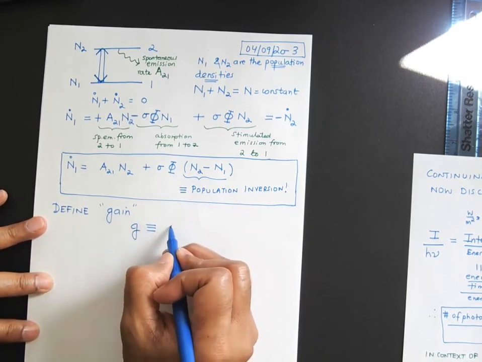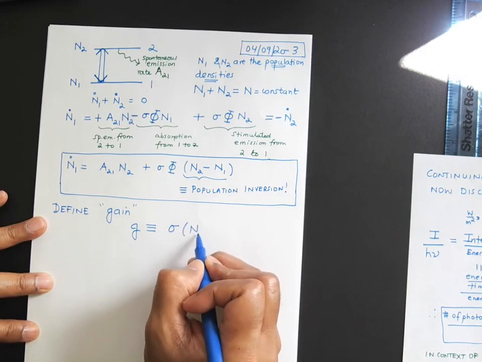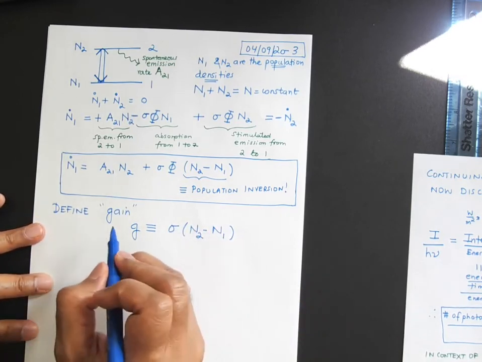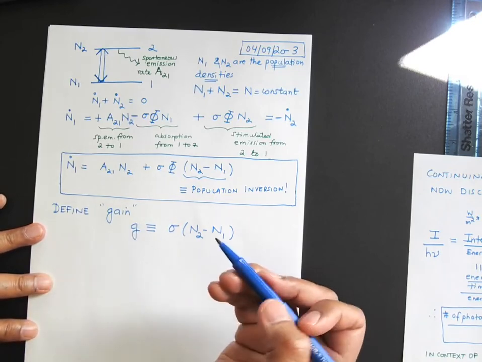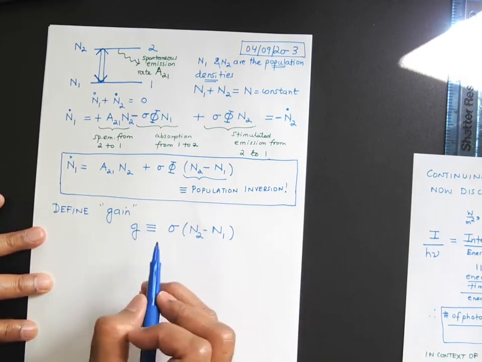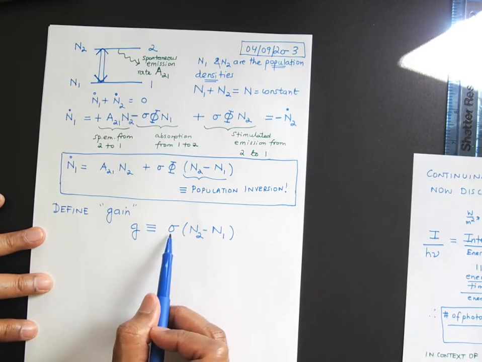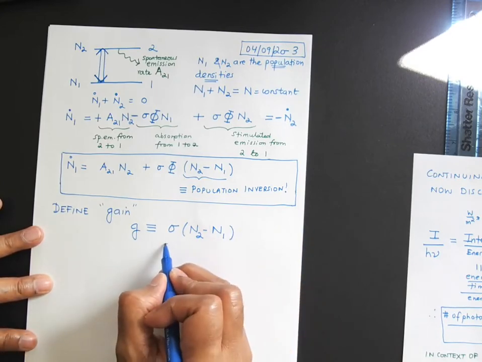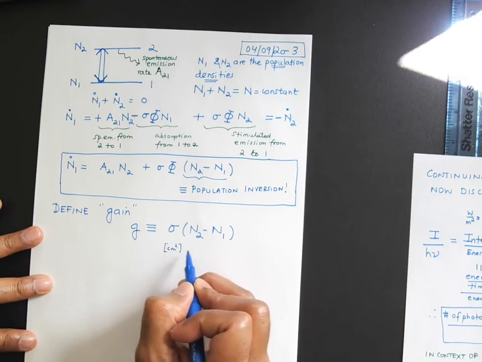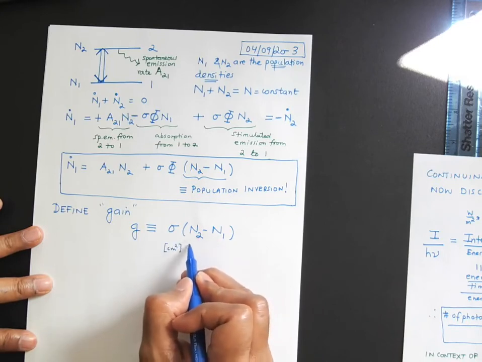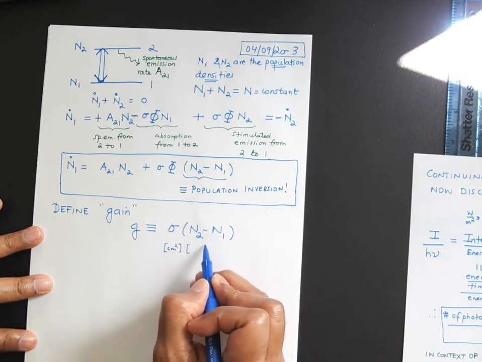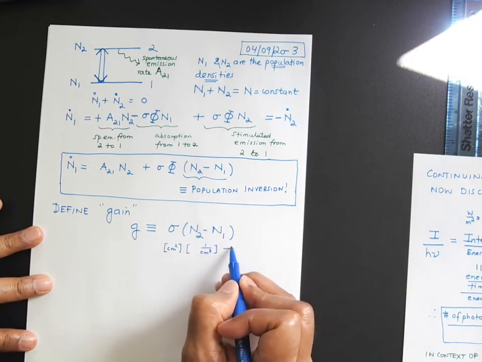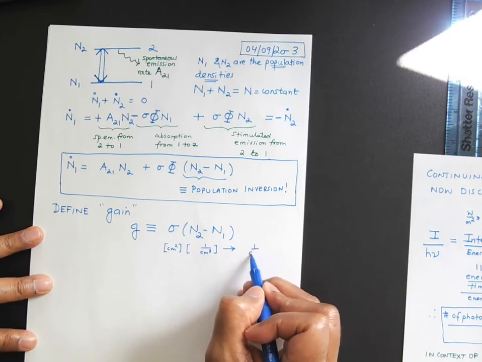It's the sigma times the population inversion. When we talk about the gain for a laser, this is what it is. And so you see that it has dimensions of, what does it have dimensions of? This is centimeters squared, and the n's are density, right? So it's 1 over centimeter cubed. So this has 1 over centimeter.